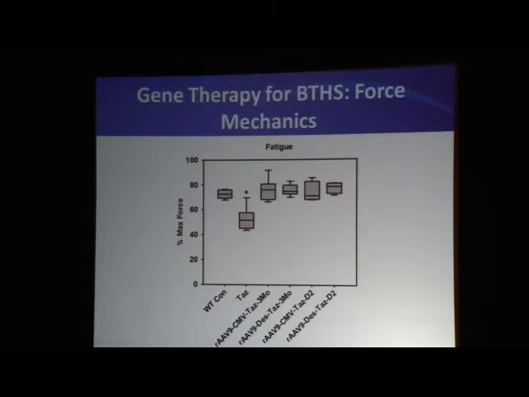And then this is just another way of looking at that, basically looking at the last point on that previous graph. And so this is % max force, and you can see that there's a significant decrease in the % max force in the TAS animals as opposed to any of the treatment groups or wild-type controls, which were all statistically not significantly different from one another.